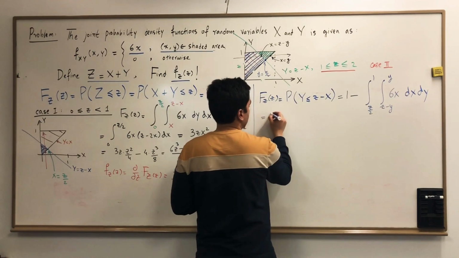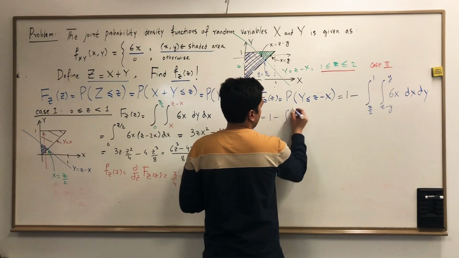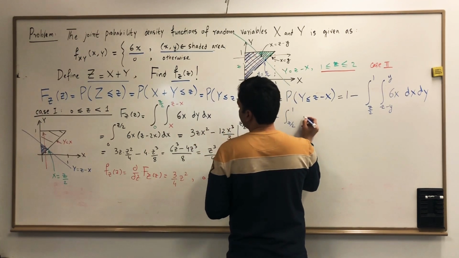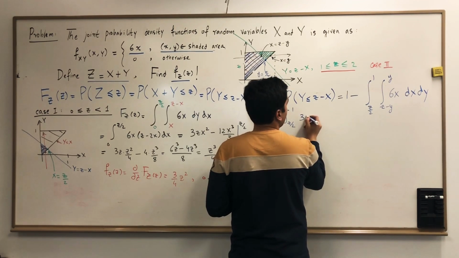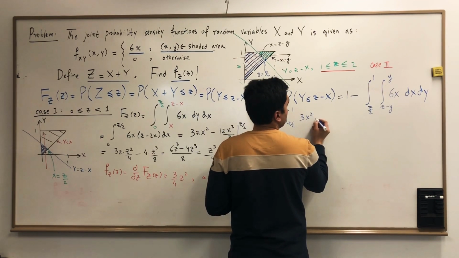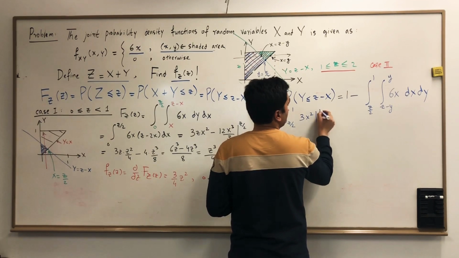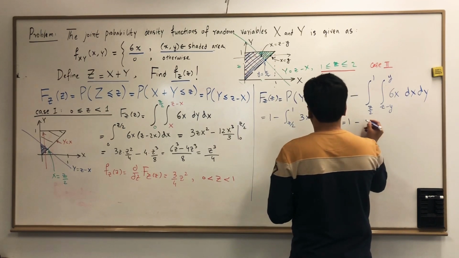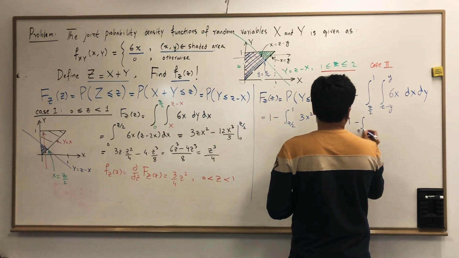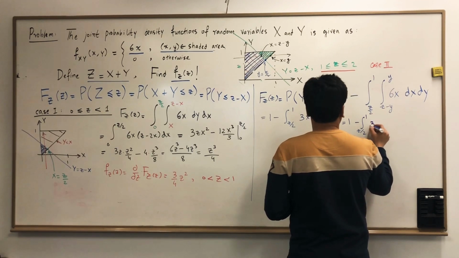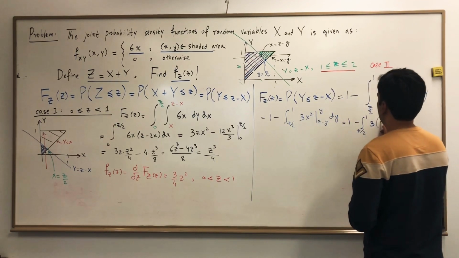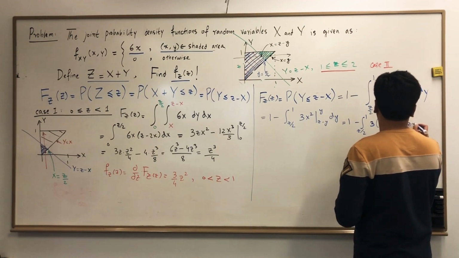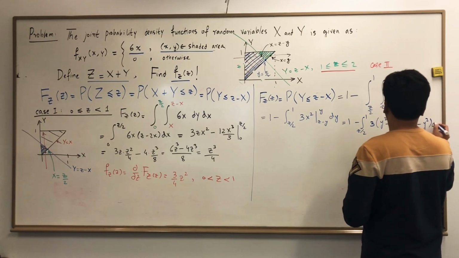And the computation again is the same. It will be 1 minus the integral from z over 2 to 1 of 3x squared from z minus y to y, dy, which will be 1 minus the integral from z over 2 to 1 of 3 times (y squared minus (z squared minus 2zy plus y squared)) dy.